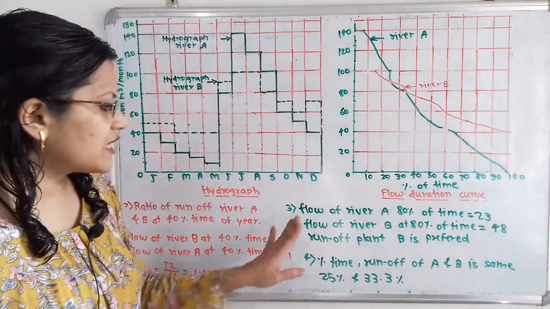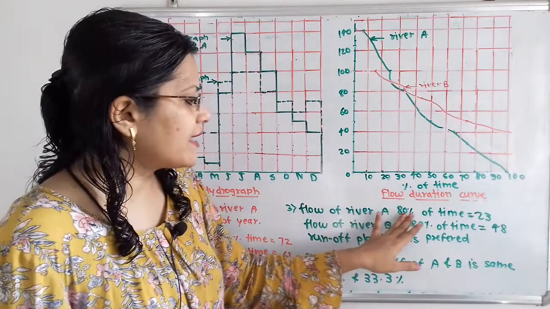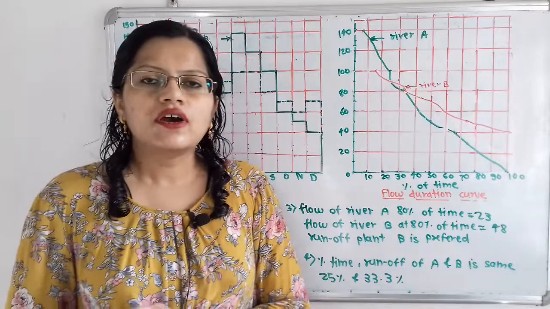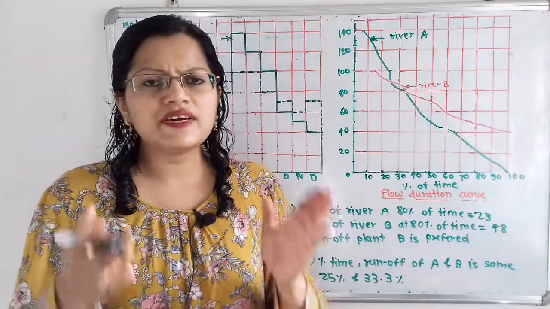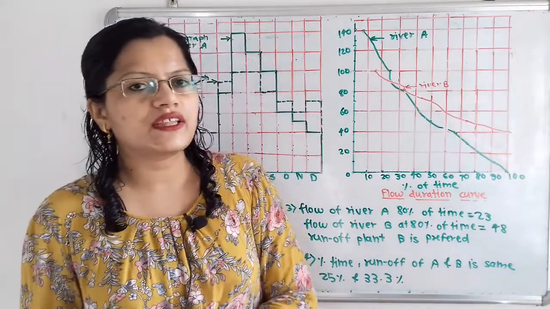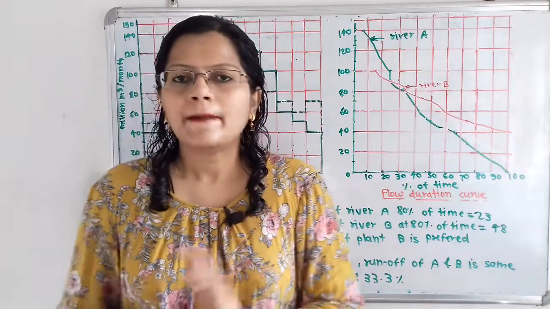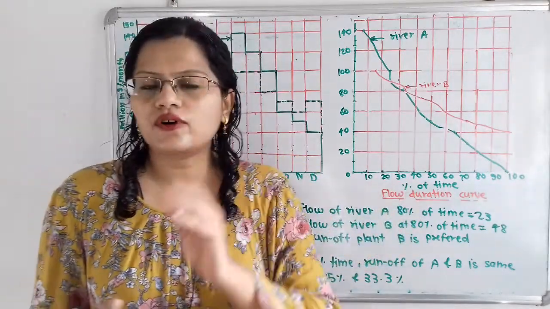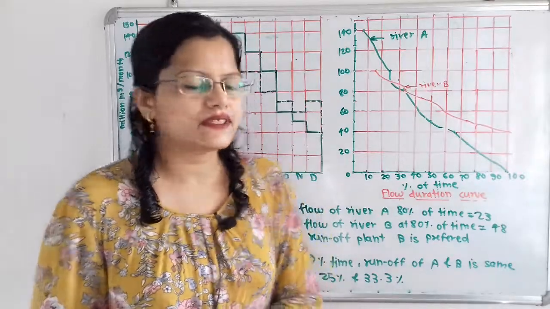So third question is the flow of river A at 80% of time. We have to find out which river site is preferable for the run of river plant for 80% of time. The minimum flow should be available 80% of time.